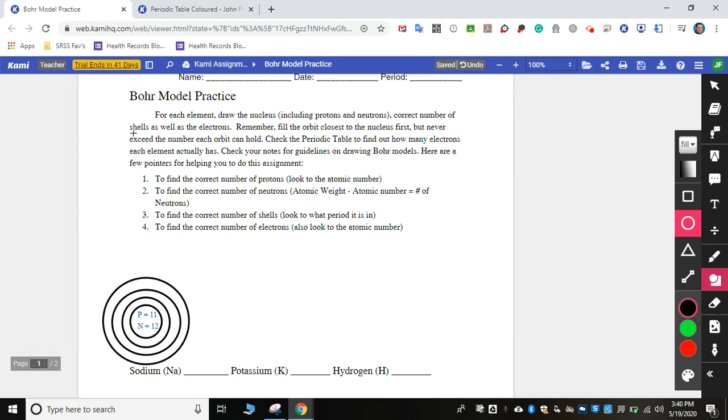There we go. We now have 3 shells. The innermost circle is, of course, the nucleus. And to find the correct number of electrons, that's the atomic number. We don't have to go back to this. We can just remember the atomic number is the same number as the number of protons. And so that is 11.